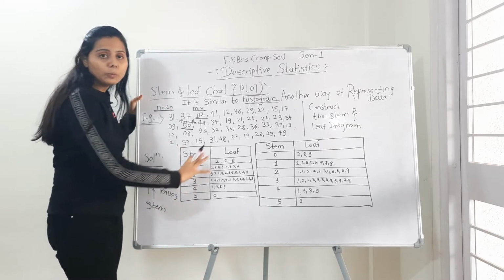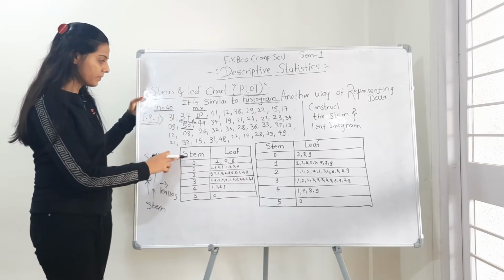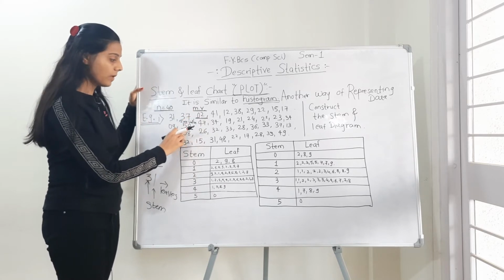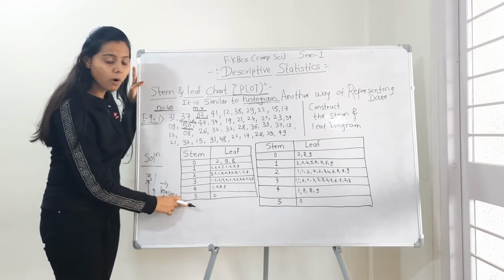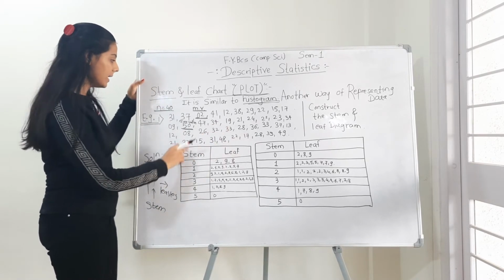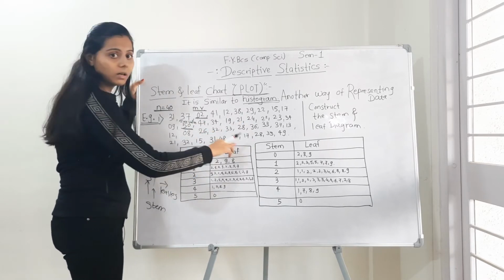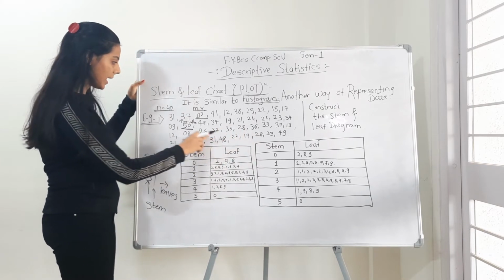So how do we prepare this table for the particular data? We start with the minimum value, 02, and the maximum value, 50. So the numbers range from 0 to 5. Your data has numbers like 02, 17, 28, 33, 48 and 50.